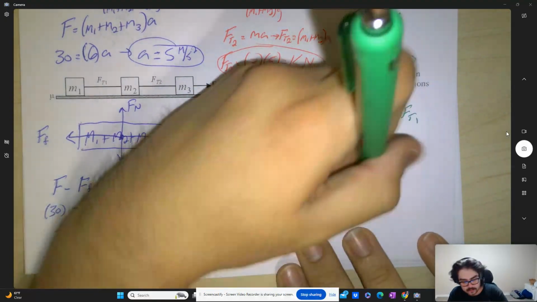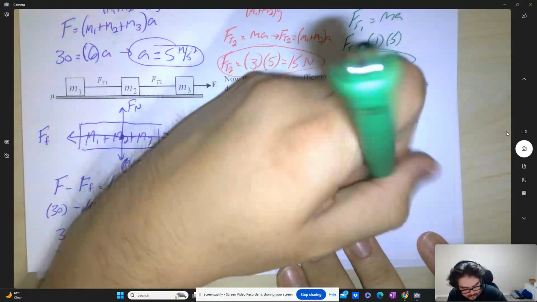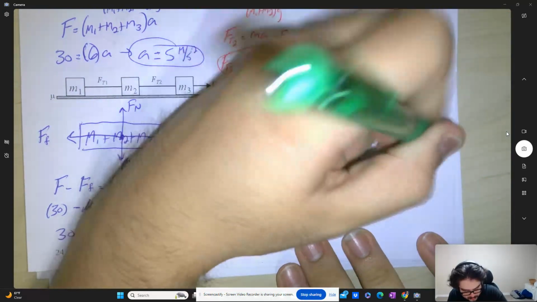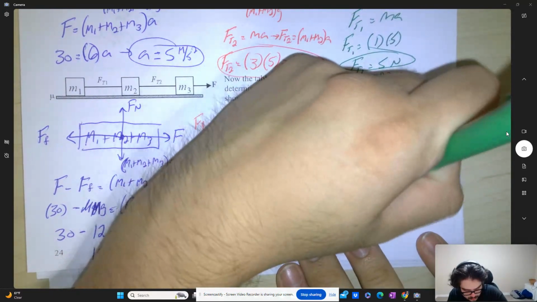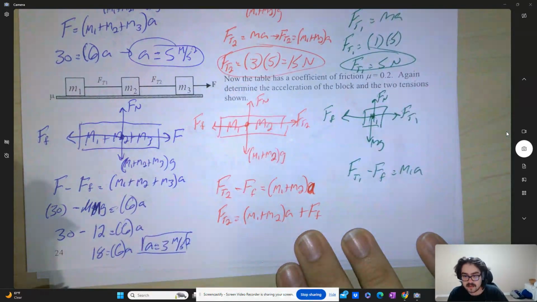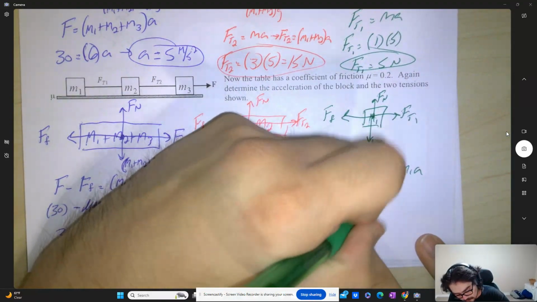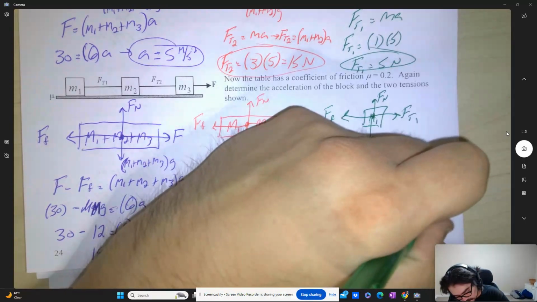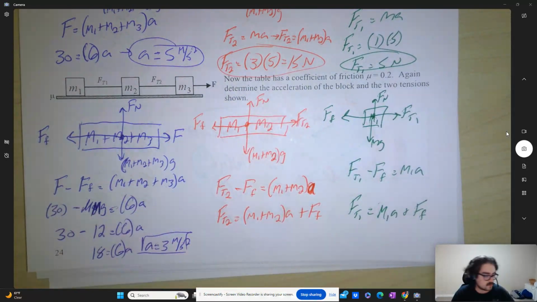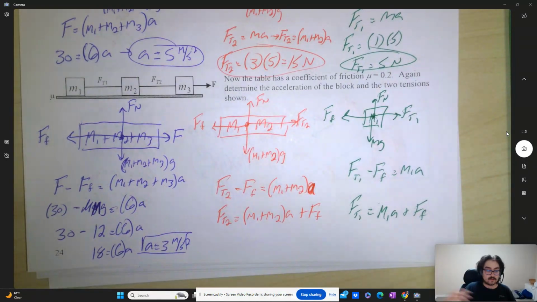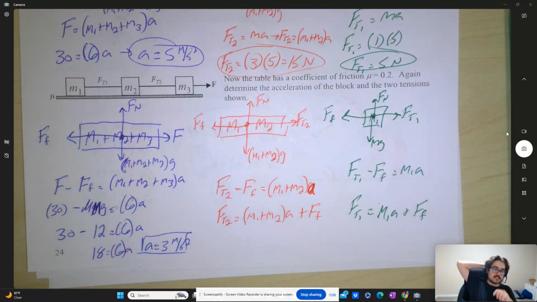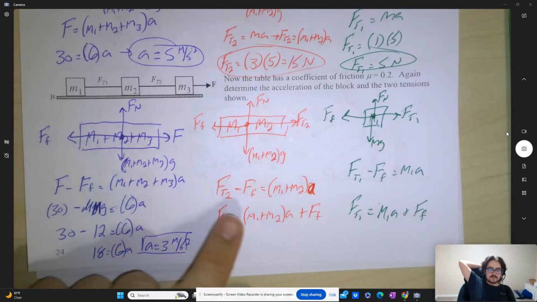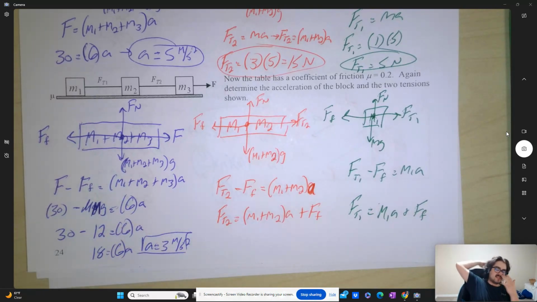You would do Ft1 minus the force of friction equals m1 times a, and then again you would see that Ft1 would be equal to m1 times a plus force of friction. So then you would plug everything into those equations and you could solve for the friction force. The friction force, mind you, is not going to be the same for each system because there's less mass, which means less normal force.